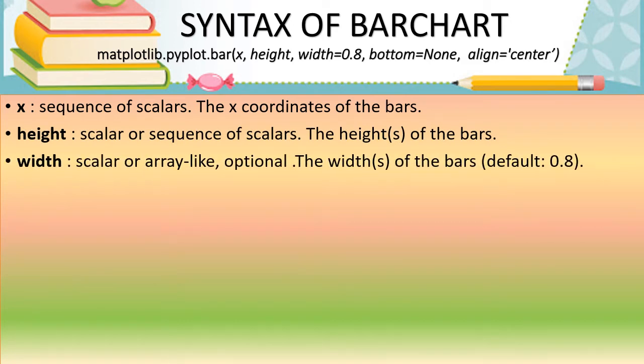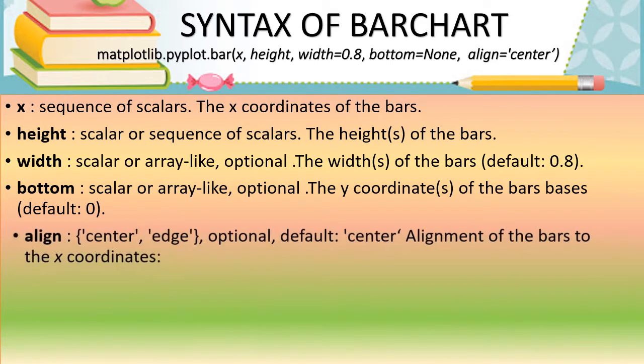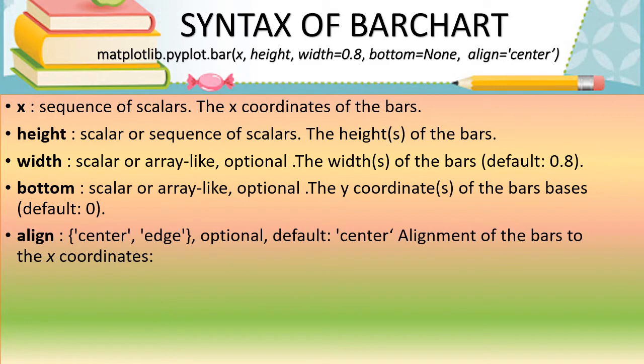The default width is 0.8 for each bar, and bottom represents the base of the bar on the y-axis. Later you will see in the example, and then you can understand the bottom property. And align may be center or edge according to the x-axis.